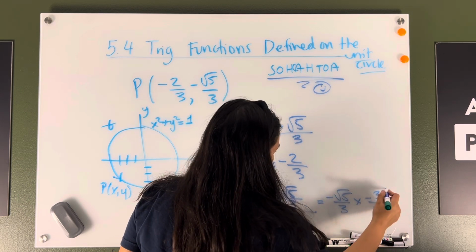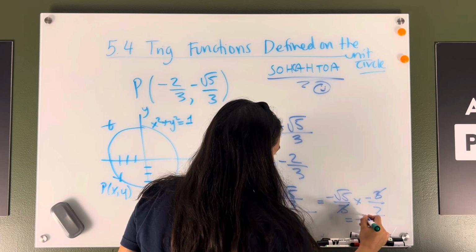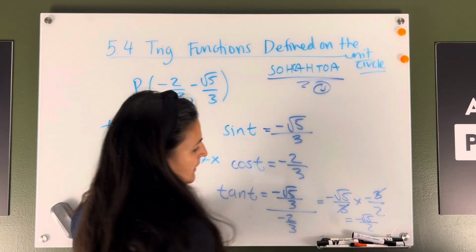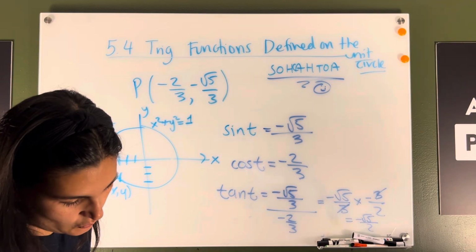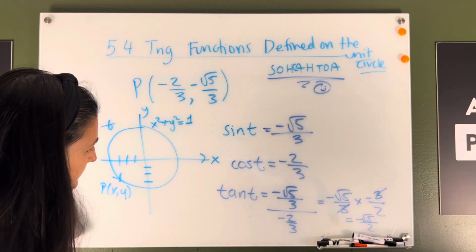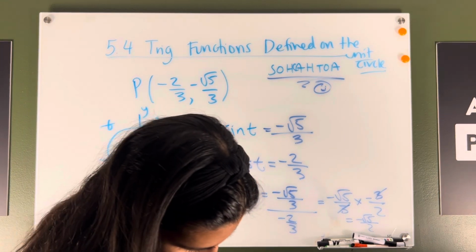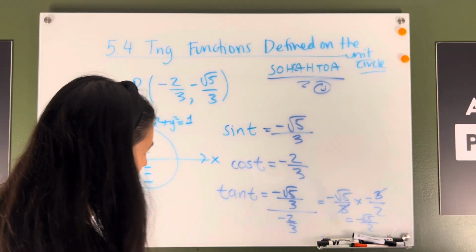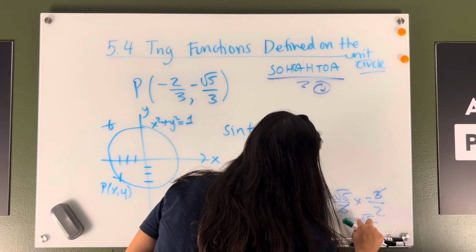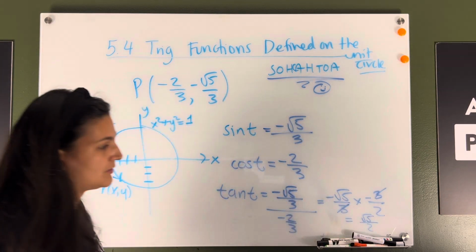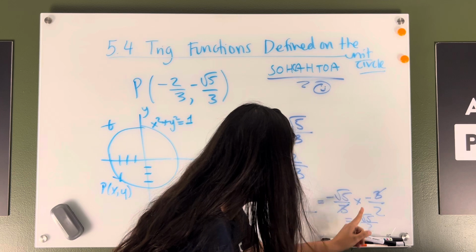Keep change flip. That'd be negative square root of 5/2. Actually positive, because a negative times a negative is a positive.